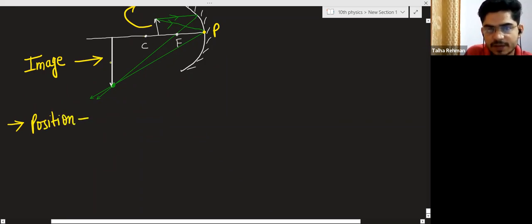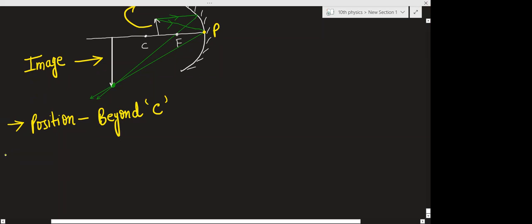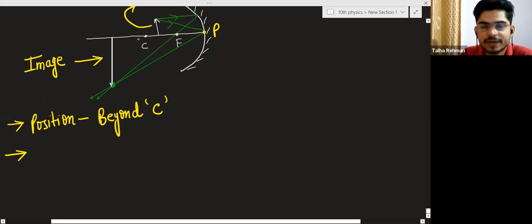We can say the image is formed behind the center of curvature, beyond C. C is the center of curvature, no? Yes, sir. Okay. Position we can see from the diagram. The image is this, center of curvature is this, means the image is behind the center of curvature, beyond C.